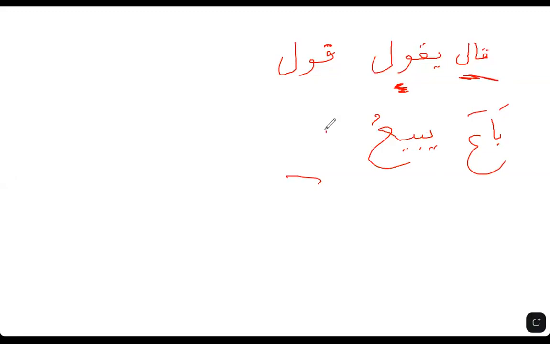And also the masdar bay'un is another clue that the origin of that letter is a ya. So this is known as al-ajwaf al-ya'i, meaning a weak verb, the weak letter is in the middle, and the origin of the weak letter is a ya. Okay.